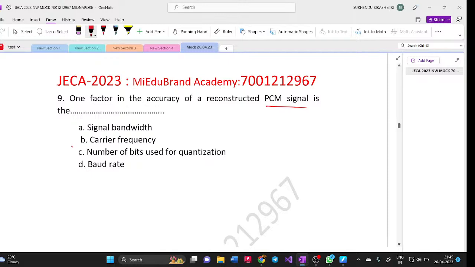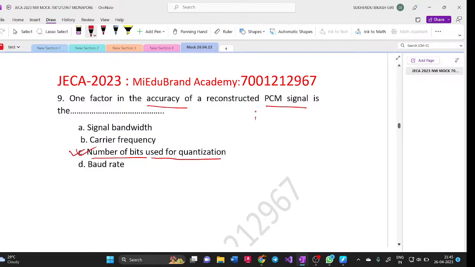Answer in the comment section very fast. Accuracy depends on... Yes, the correct answer is C. Number of bits used for quantization.